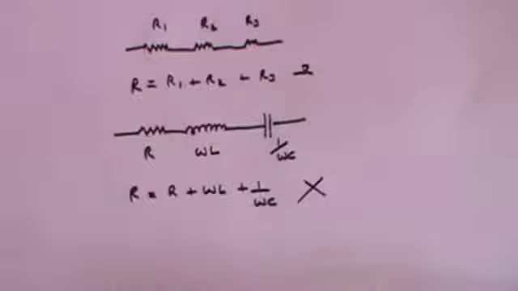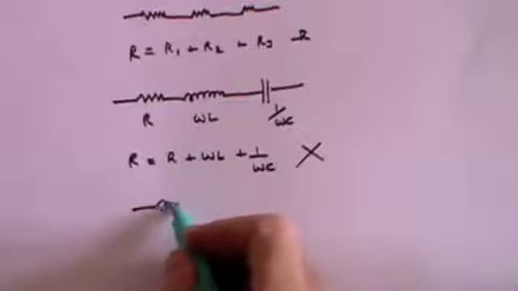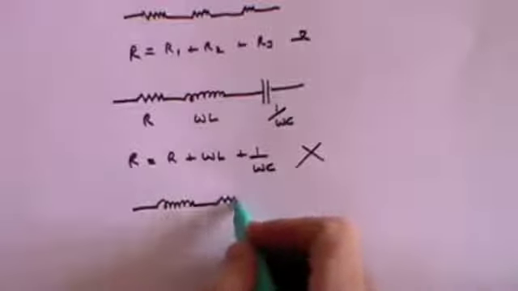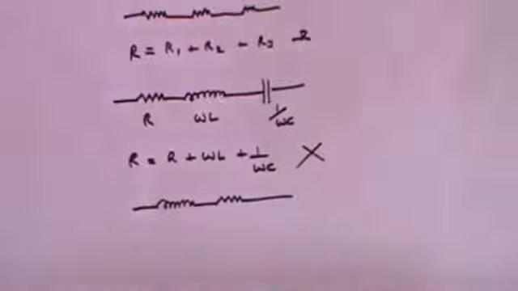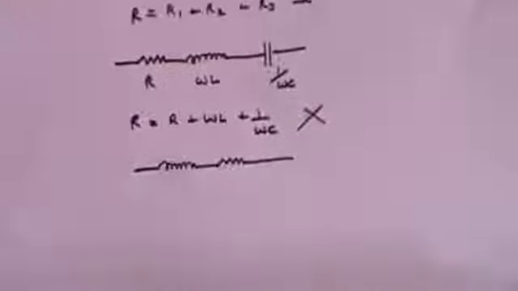And the reason that that is wrong is that you have taken no account of the fact that there is a phase angle associated with the capacitor and with the inductor. Let's, for simplicity, just consider a circuit in which we have an inductance and a resistance. We'll come to a capacitor in a moment, but for the moment let's just keep two elements in our circuit.